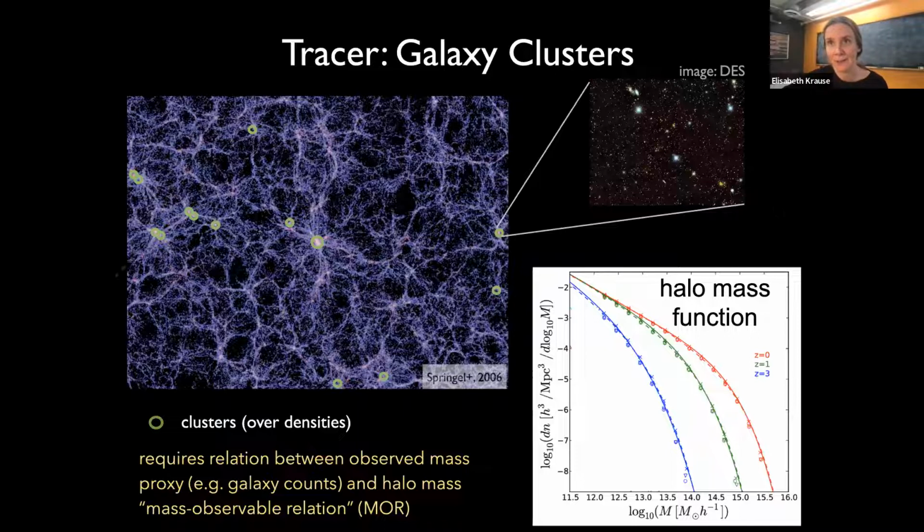In the case of optical surveys, that means we have to figure out which of these red galaxies here are spatially close to each other and belong to a cluster. Then we further need a relation between observed mass proxy, in this case the number of galaxies, and the underlying halo mass, which is something that we can relate to cosmology through the halo mass function. So that means we will have to put great effort into characterizing this mass-observable relation.